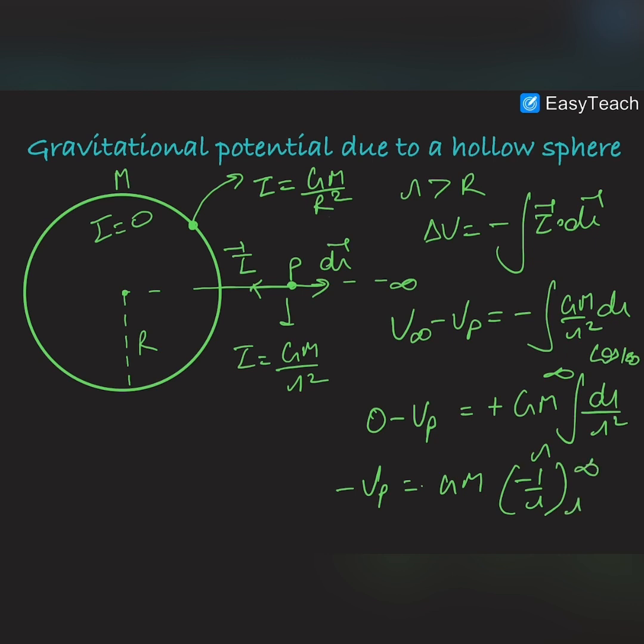So you can see that potential at P would be minus GM by small r. So this is the formula for the gravitational potential at a point outside the sphere due to a hollow sphere. Now at the surface, r is equal to R, so gravitational potential at the surface will be equal to minus GM by capital R.